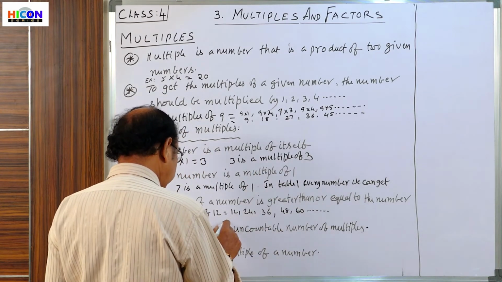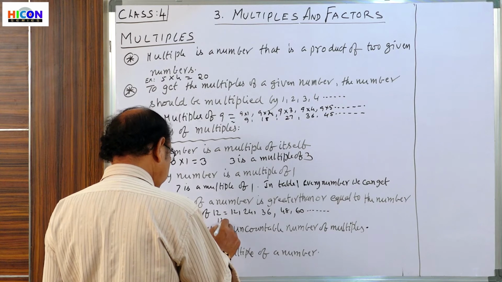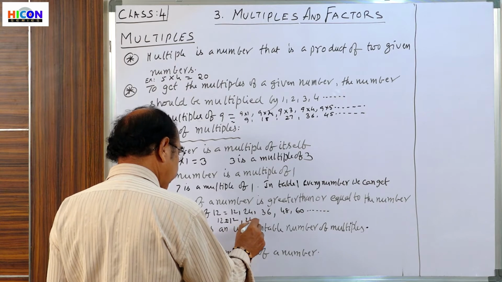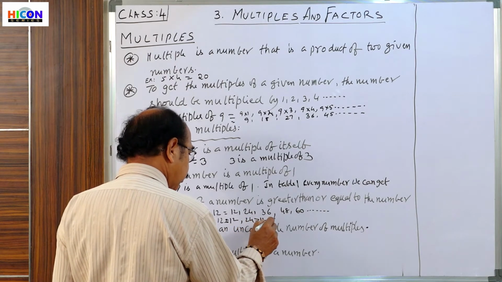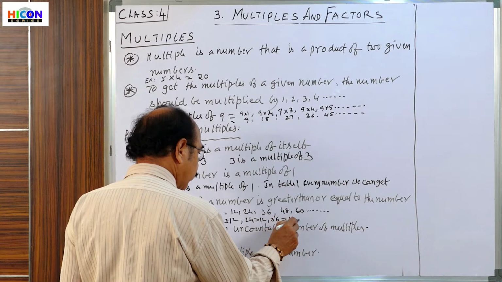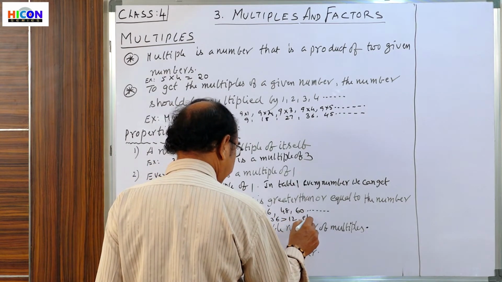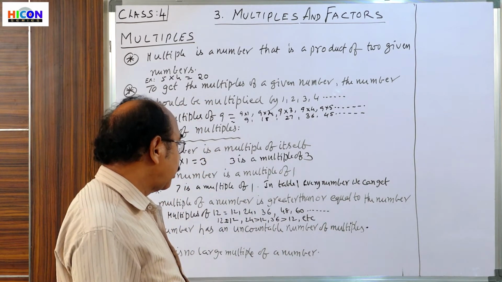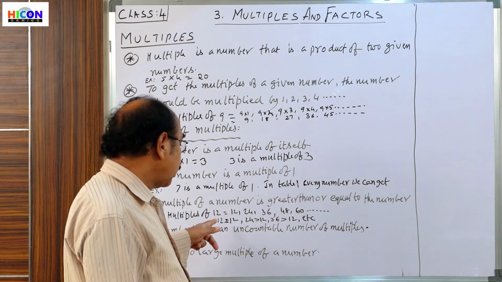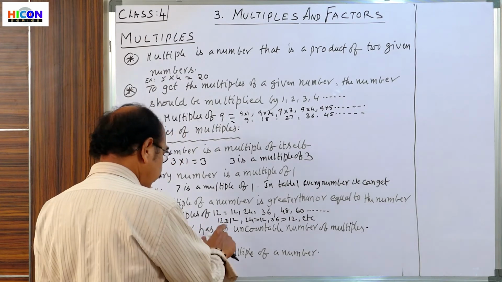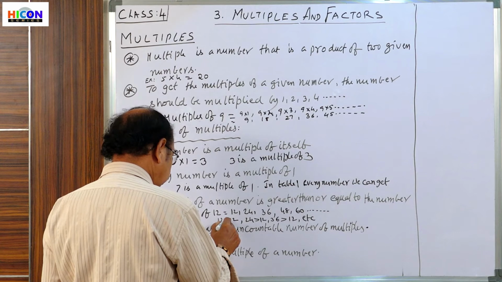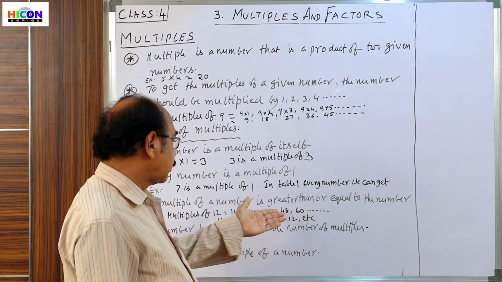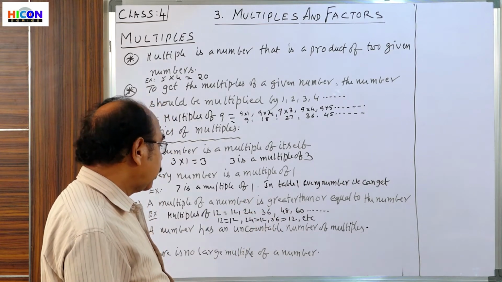So 12 is equal to 12, 24 is greater than 12, 36 is greater than 12, etc. In this example 12 is equal to 12 and the remaining numbers are greater than 12.